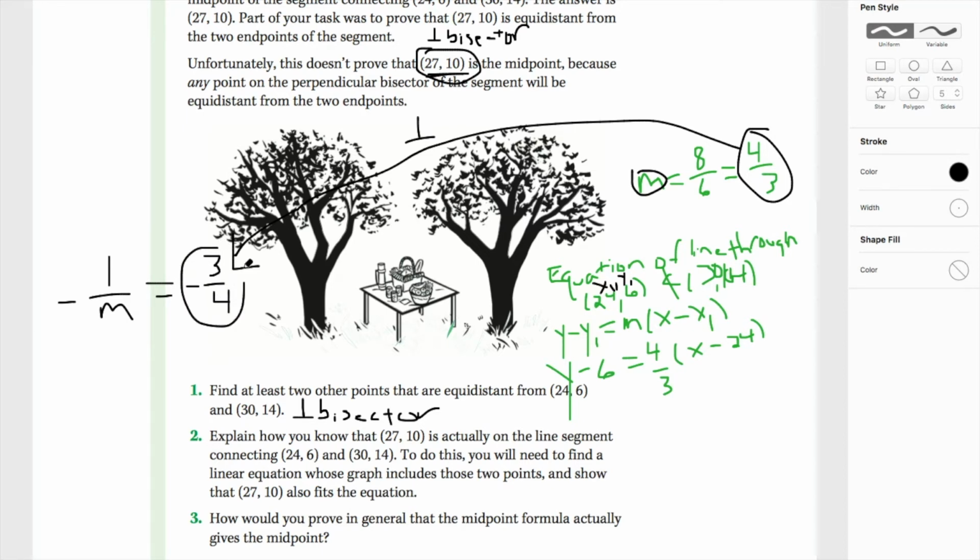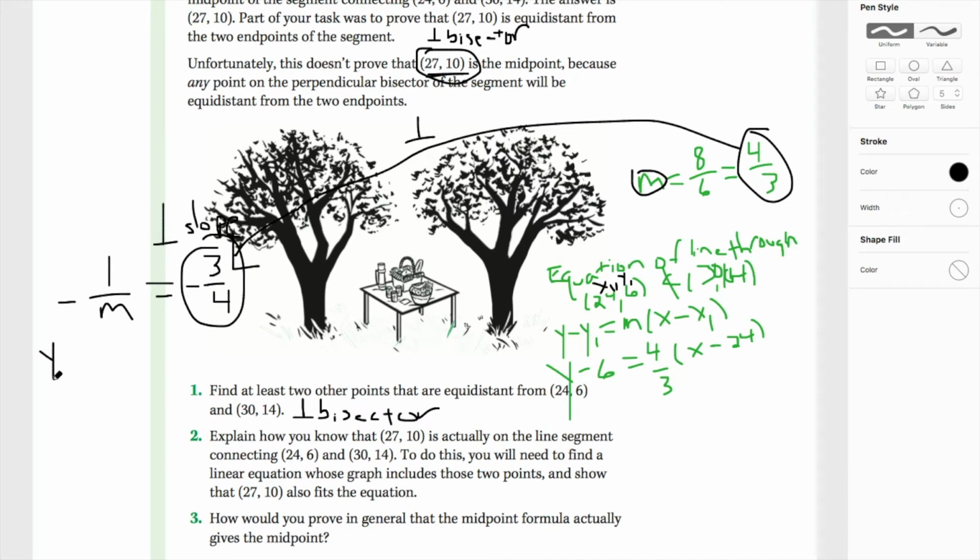So the perpendicular slope is the opposite reciprocal of the line it's perpendicular to. So negative 3/4 and a 4/3 slope, those would be perpendicular to one another. Okay, so it's asking to get 2 other points that are equidistant from (24, 6) and (30, 14). So what it means is points that are on the perpendicular bisector. If we have the equation of the perpendicular bisector, we can figure out 2 points here. And we can get the equation because we know that (27, 10) is on the perpendicular bisector and we have a slope.